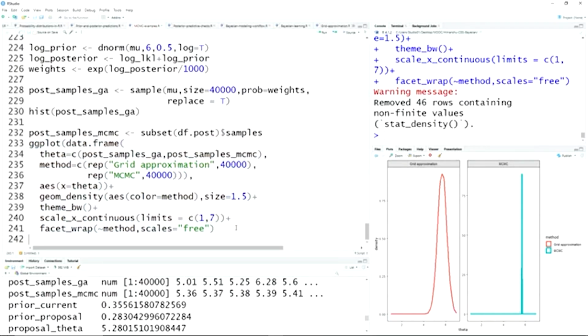Okay, so anyway, this concludes our lectures on Markov chain Monte Carlo. In the next couple of lectures, I will cover one more sampling algorithm, that is Hamiltonian Monte Carlo. I won't go into too much detail of Hamiltonian Monte Carlo.